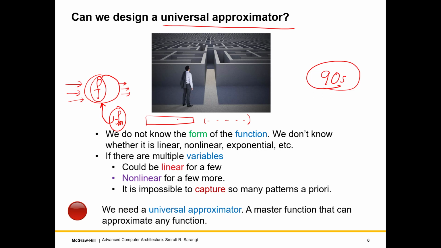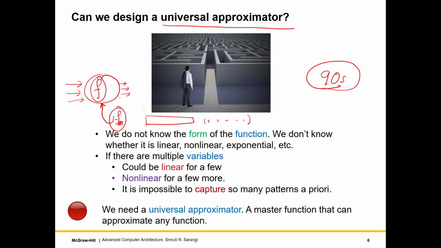So I'm calling this master or God function a universal approximator where its behavior is controlled by a set of numbers, and we'll call it the coefficients of the function or the parameters of the function. And basically the function is infinitely flexible in the sense that the master function can actually bend itself to resemble any real world function, right? So that would be for us a universal approximator.